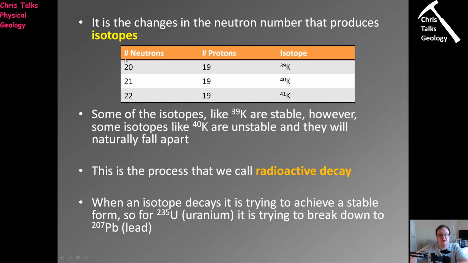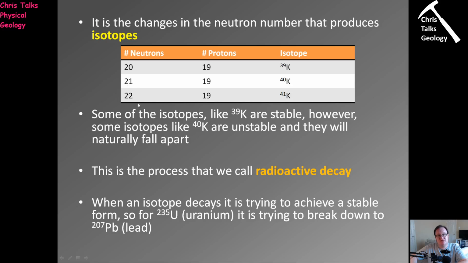You can have 20, 21, or 22. And this means the atomic mass of the nucleus will vary. In the case of this one, it's 20 plus 19, atomic mass of 39. By the way, K is the abbreviation for potassium. In this case, neutrons, 21 plus 19, that gives us an atomic mass of 40.